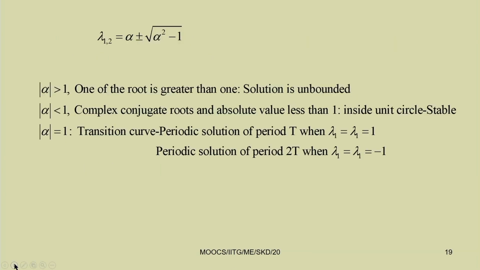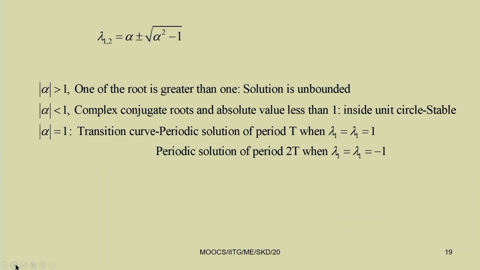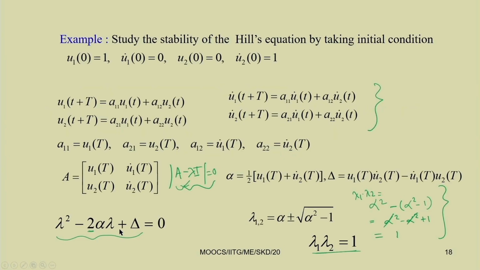From here you can observe that we have 3 conditions from lambda 1 and lambda 2. You observe lambda 1 equals alpha plus or minus the root of alpha square minus 1. From this we can observe that if alpha is greater than 1, then alpha square minus 1 is positive.